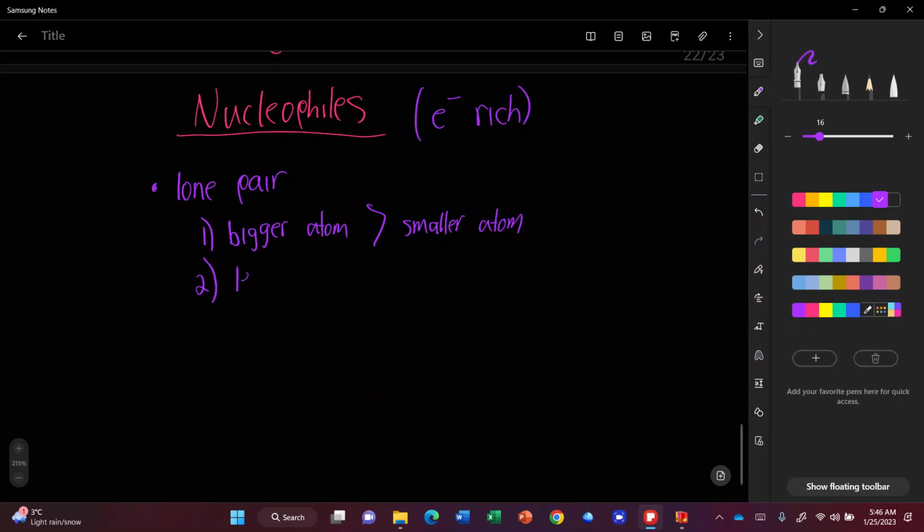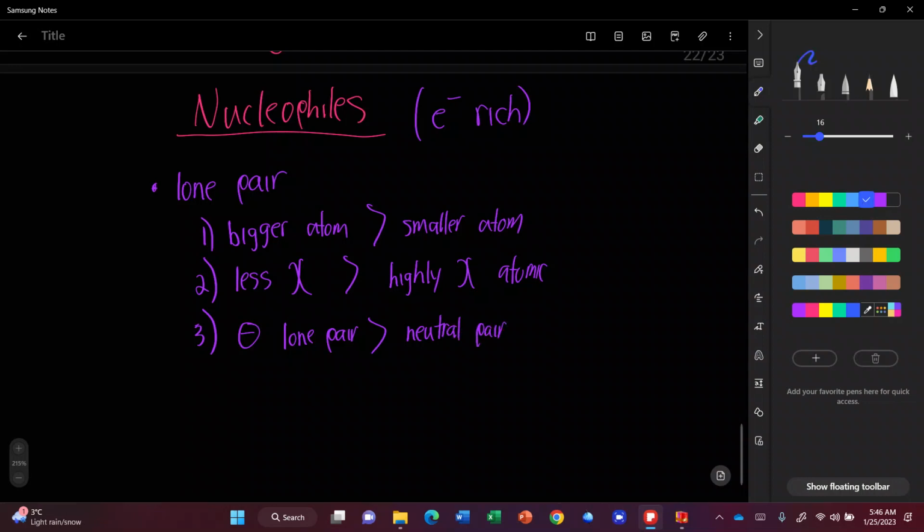Also, a lone pair on a not very electronegative atom is going to be more nucleophilic than a lone pair on a highly electronegative atom. And I'll talk about these rules in a minute. I just kind of want to get these out of my head and onto the screen. And the third thing is that a negative lone pair will be more nucleophilic than a neutral lone pair. Okay.